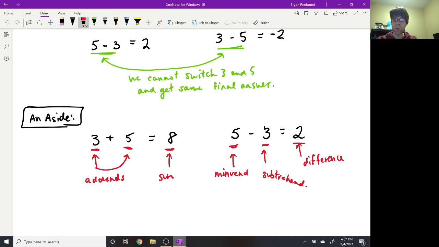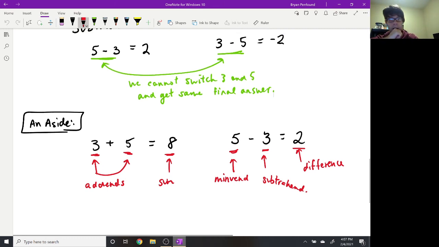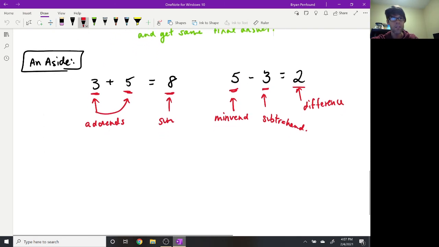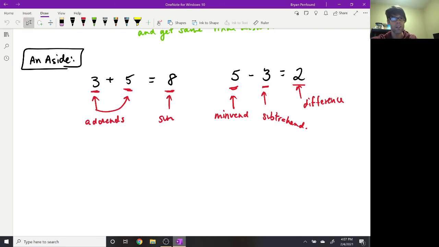And it has to be labeled differently than the subtrahend because the order that we show that subtraction statement is actually important, whereas it's a little less important for addition, so we just label those two numbers as the same thing. Okay, so that's a little aside about commutativity and the problem of commutativity when it comes to subtraction.